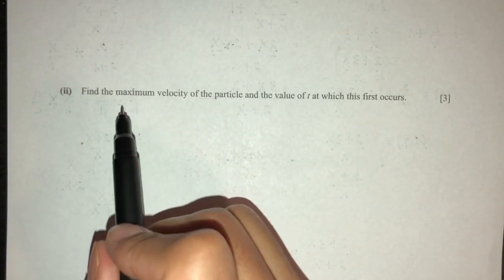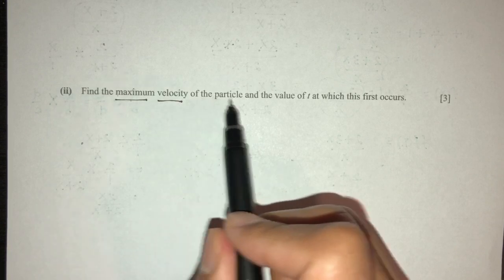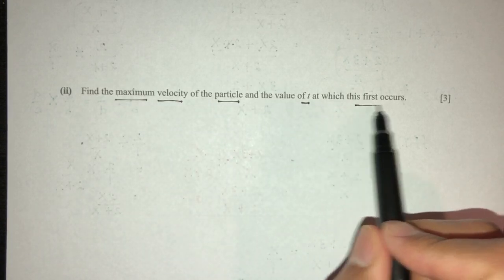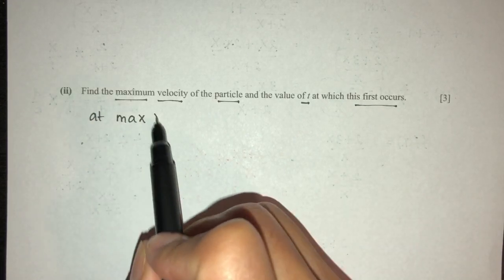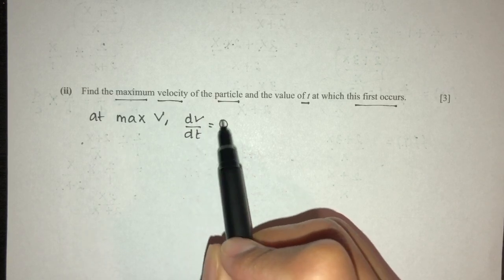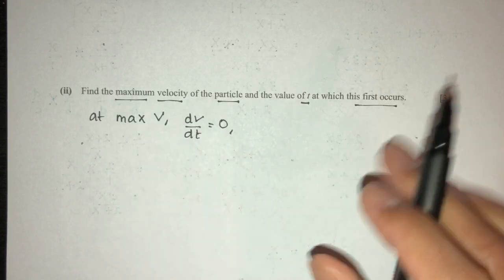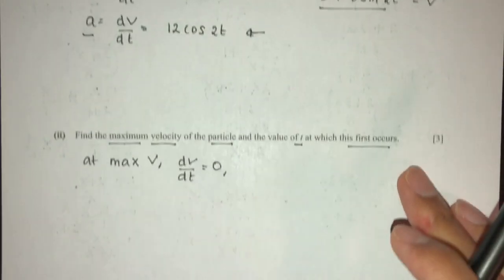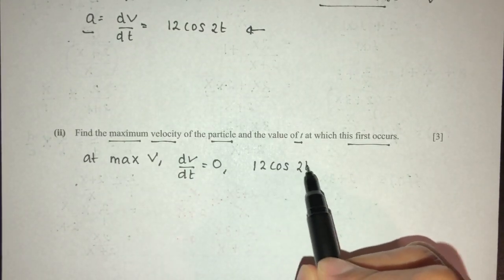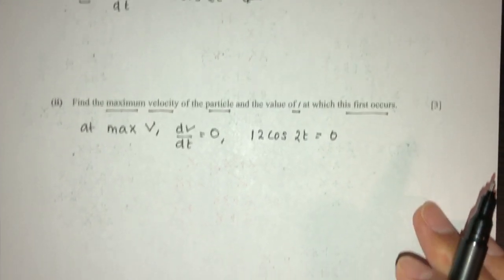Now for part 2, find the maximum velocity of the particle and the value of t at which it occurs first. So at max v, we have dv by dt is equal to 0. This is just a, as we have seen here. So basically we have 12 cos 2t is equal to 0.